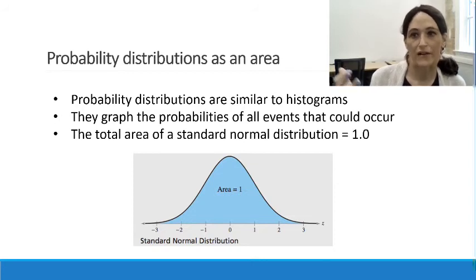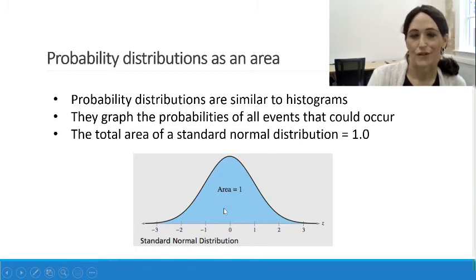And the amount of area under the curve represents the proportion of that total curve, or likelihood of the event occurring. So there's going to be a higher proportion of events occurring in the middle of this distribution and relatively fewer towards the tail ends.